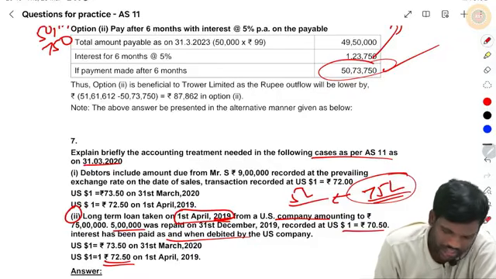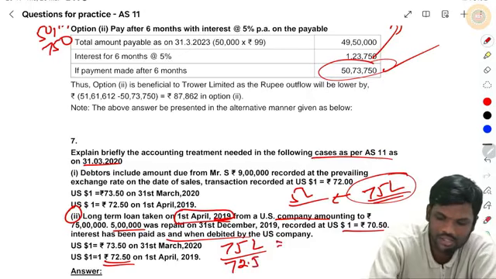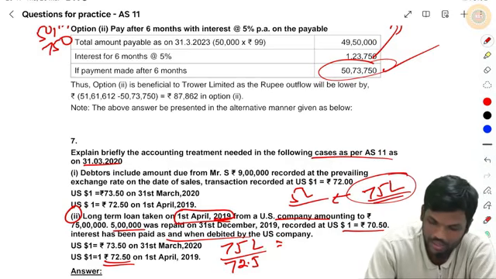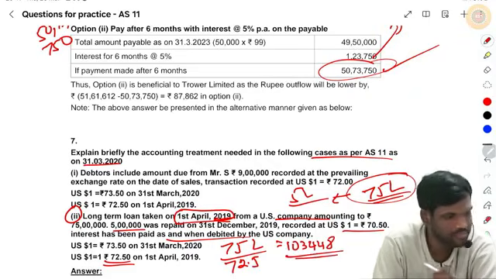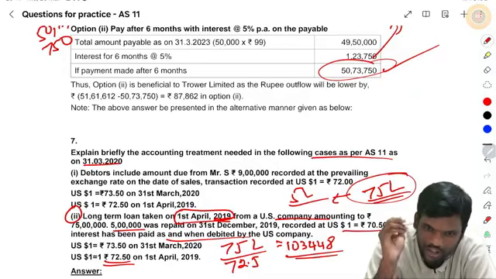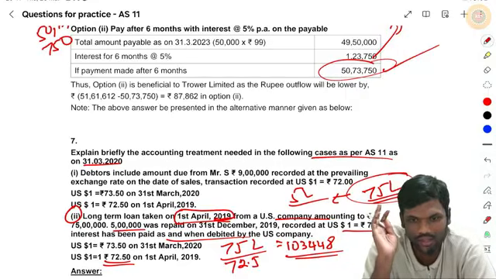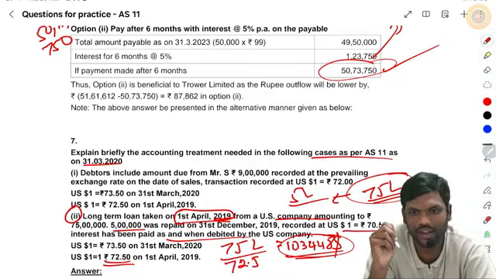That means this company in terms of dollars would have borrowed 75 lakhs divided by 72.5, which is 1,03,448 dollars, which they converted at 72.5 and got 75 lakhs. So actually the US company gave this amount, not your 75 lakhs.